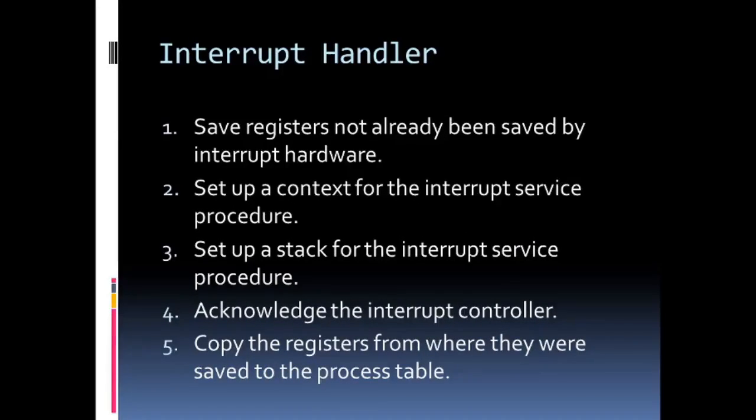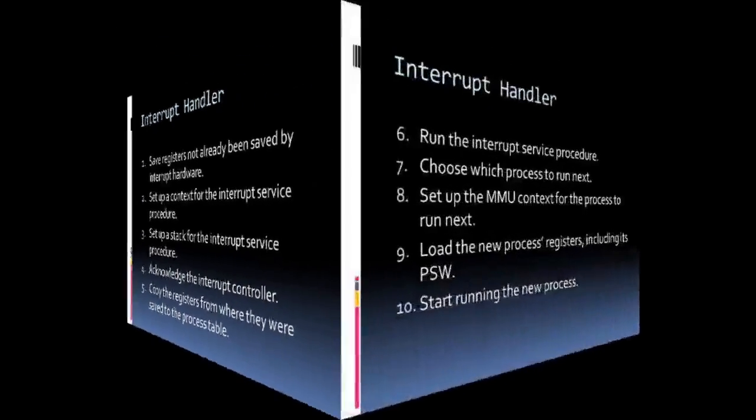Now let's check the interrupt handler. If an interrupt occurs, it saves the registers which have not already been saved, makes a copy of the corresponding context, puts it on a stack and proceeds to the interrupt service routine. It acknowledges the interrupt controller and copies the registers from where they were saved to the process table.